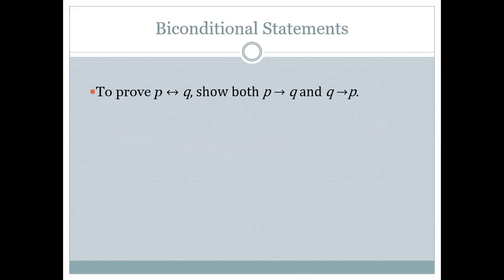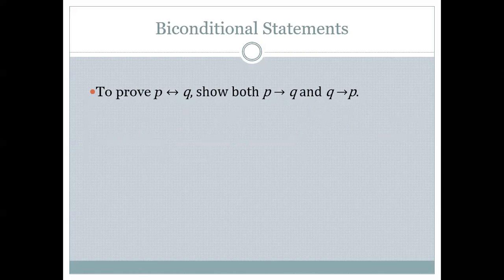Okay, we've already talked about this before, but to prove P if and only if Q, remember we have the biconditional that goes both ways. What we have to do is two proofs. Does that make sense? It's do P implies Q, and then the second half of the proof, you will do what?